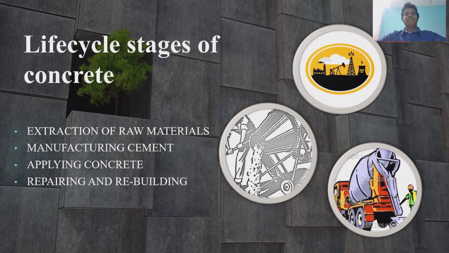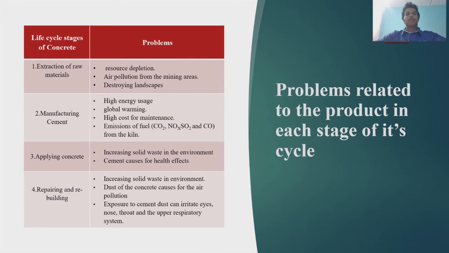There are four life cycle stages of concrete. Extraction of raw material is the first stage. Manufacturing cement and applying concrete are the second and third stages respectively. Repairing and rebuilding is the final stage. Concrete is a good product but it also has several problems related to life cycle stages.